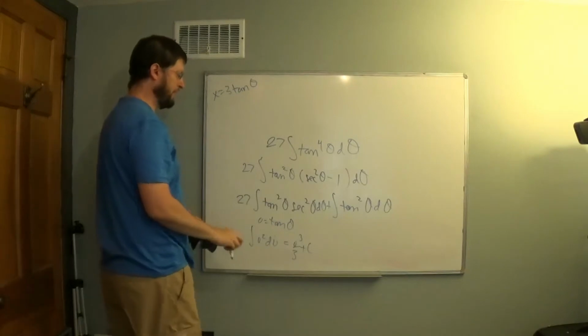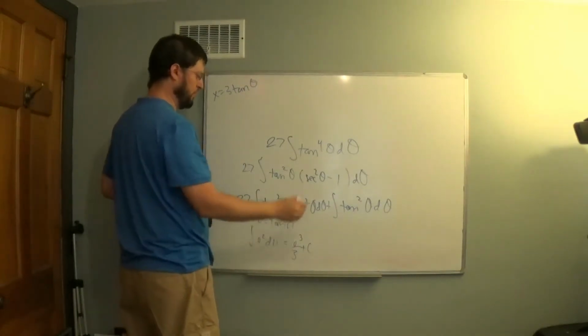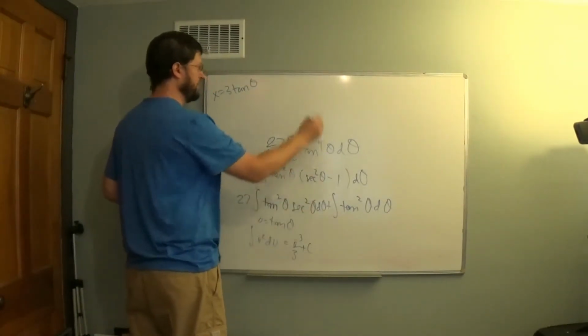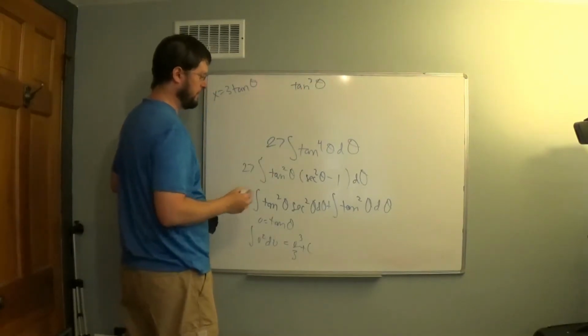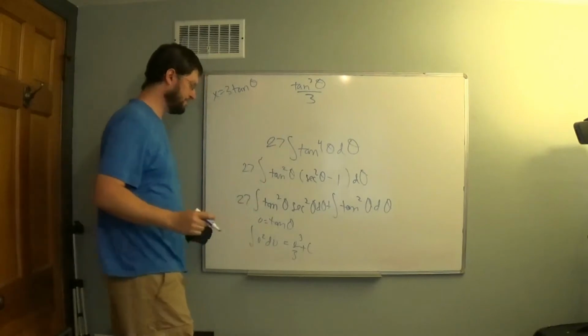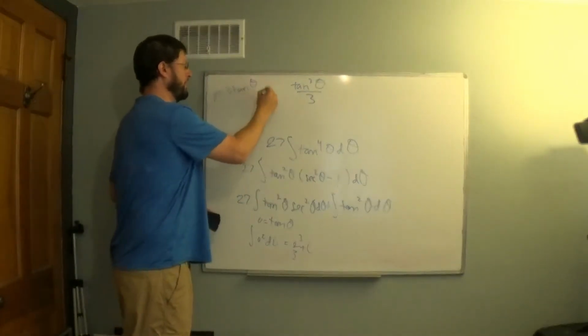So for this left-hand integral, u cubed, but u is tangent, so that's tan cubed theta over 3. Let's not forget about our 27.